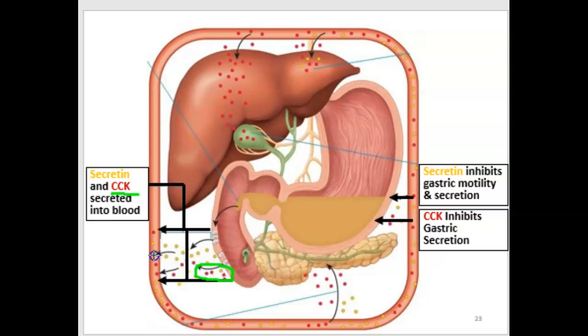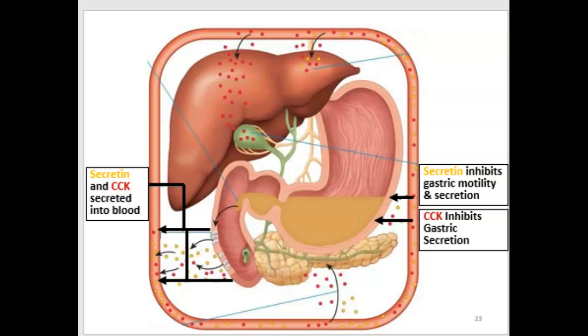And so that hormone enters the bloodstream, travels all over the place. It can affect several organs. It affects the liver, affects the gallbladder, and the pancreas. But what we're looking at right now is cholecystokinin affecting the stomach. And it does so by inhibiting gastric juice secretion. Hope I didn't make that too confusing for you.